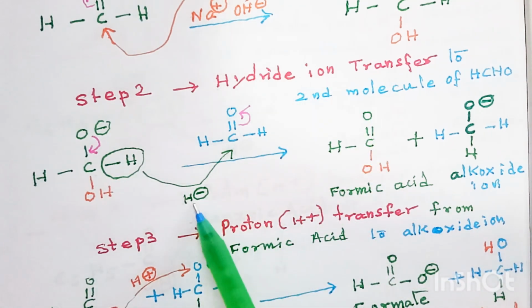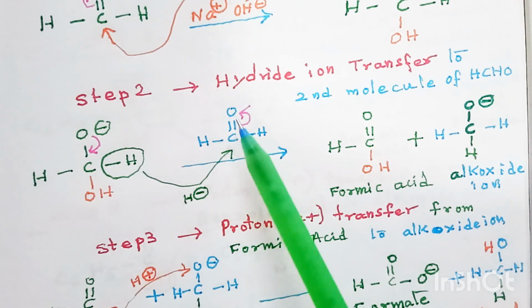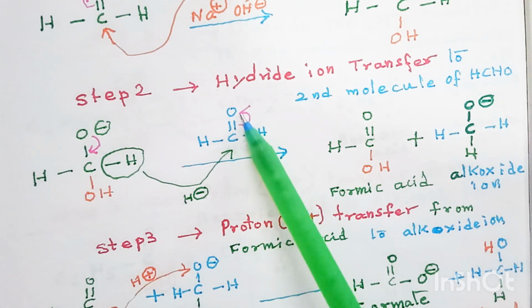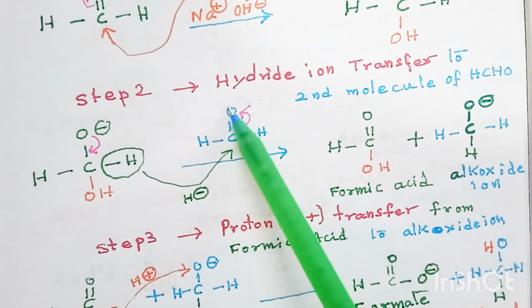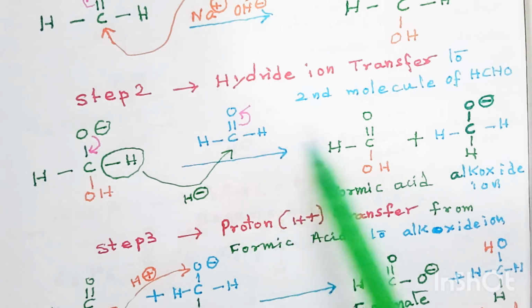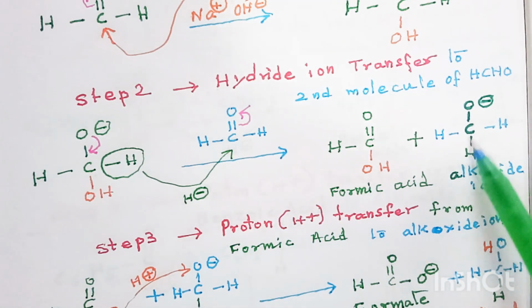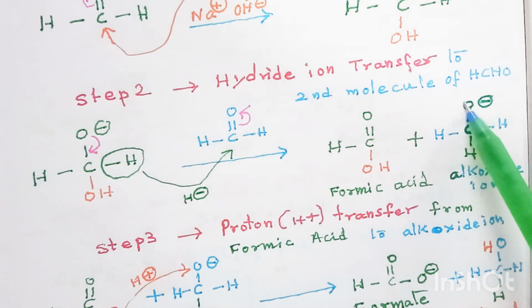Hydride ion means H minus ion will attack this carbon atom, and those two electrons of the pi bond will migrate to oxygen, which is more electronegative. As a result we get HCH2O minus.